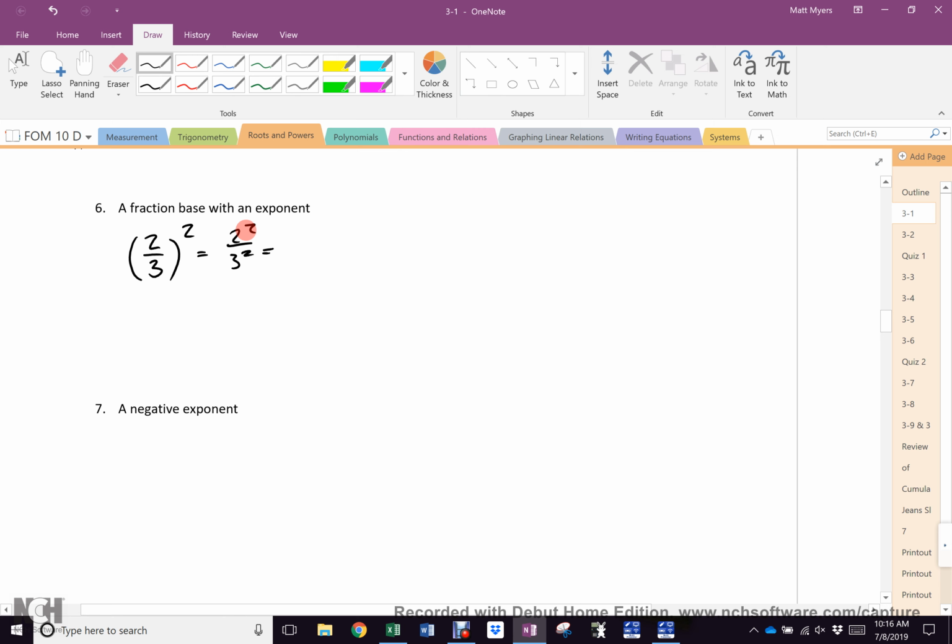All right. Can I subtract there? No, because the bases aren't the same. So what's this answer? 4/9. And what's the rule? x over y to the a gets me x to the a over y to the a. And again, you must remember all your other rules. So if I gave you 2x cubed over y to the 3rd, and I said square it, what would the answer be?